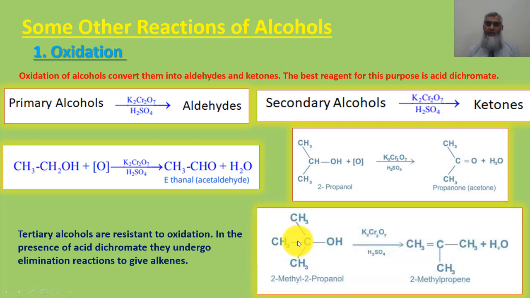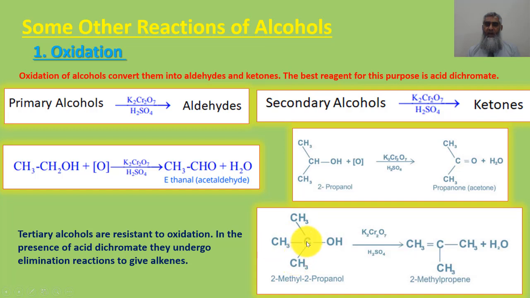Here is an example of a tertiary alcohol. This is tertiary butyl alcohol. IUPAC name is 2-methyl 2-propanol, because the carbon atom on which the functional group is present is a tertiary carbon, because there are 3 carbon atoms directly attached with this carbon atom.